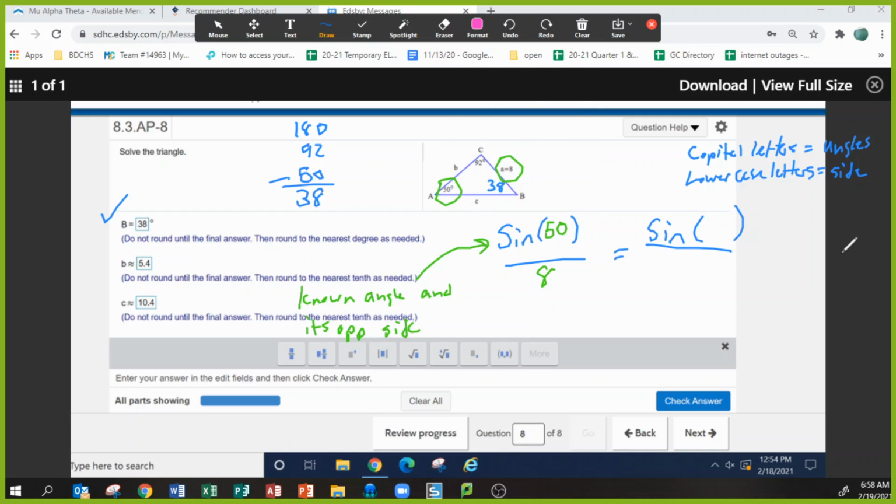So then the question becomes, what goes on our right-hand side? Well, we need one known piece of information and one unknown piece of information.